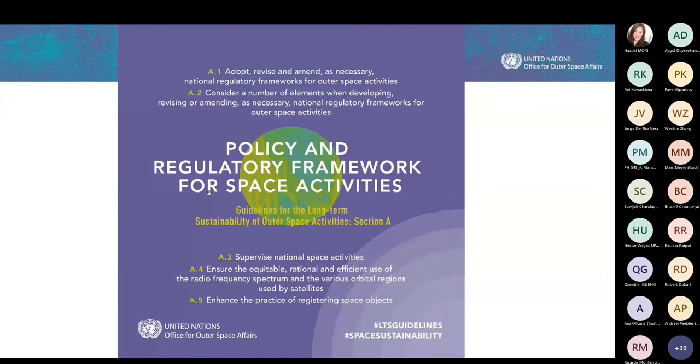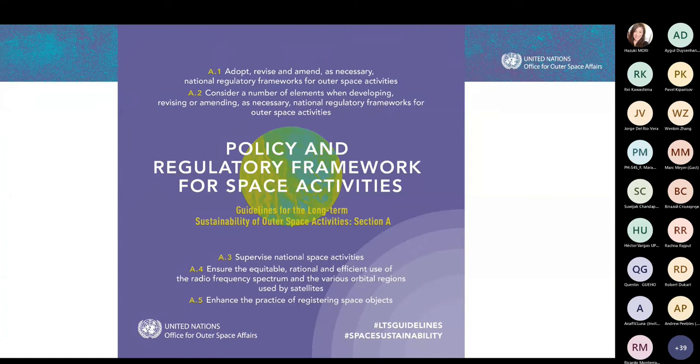The guidelines themselves are broken down into 4 sections. Section A covers policy and regulatory frameworks. And it's in that section that you'll find guidance on national regulatory frameworks and supervising national space activities.